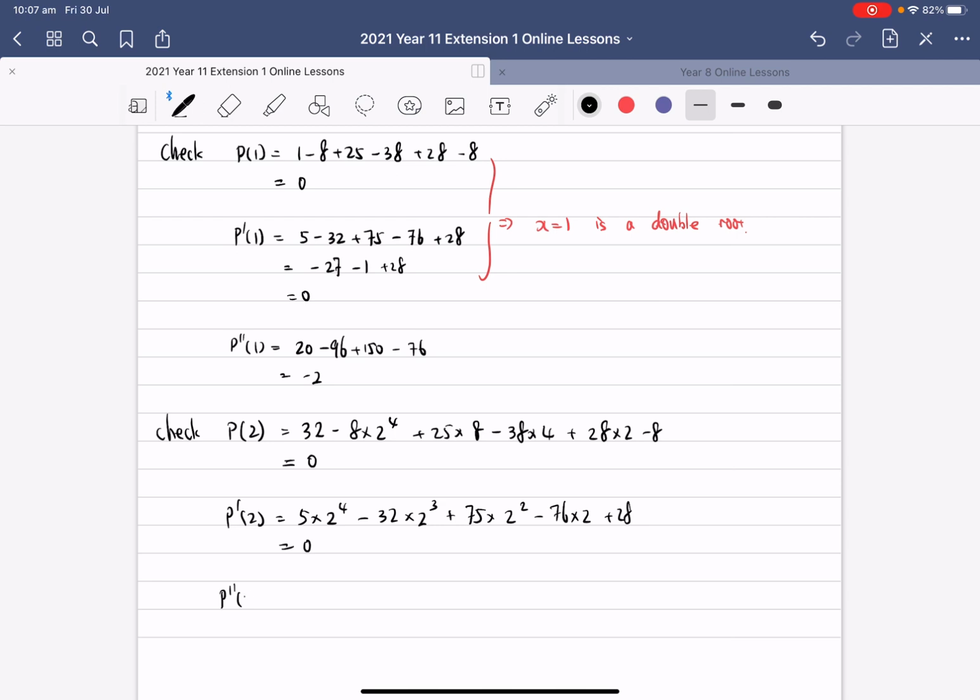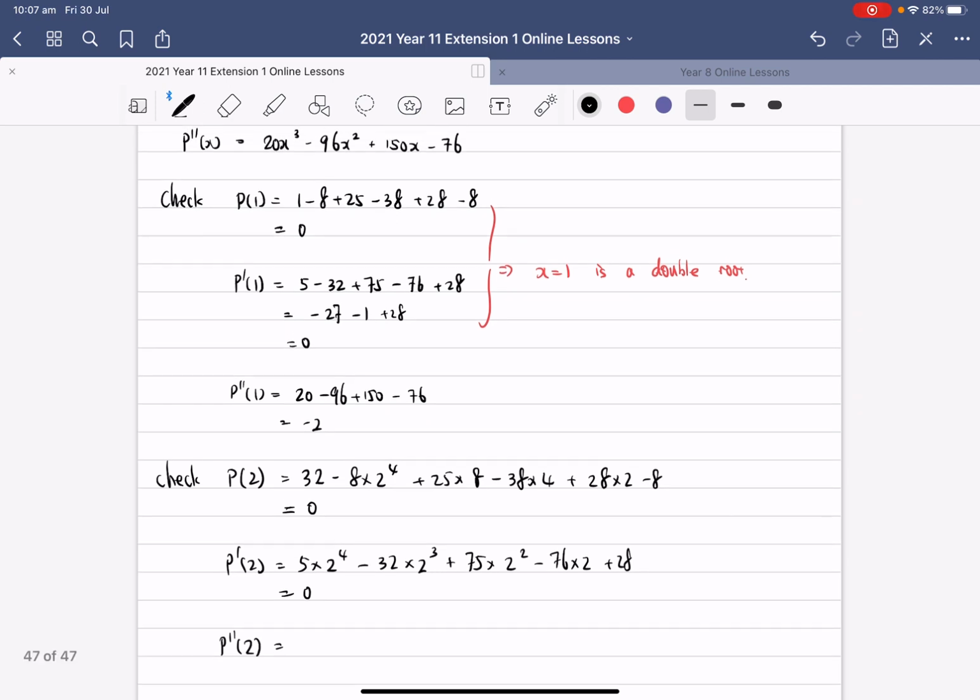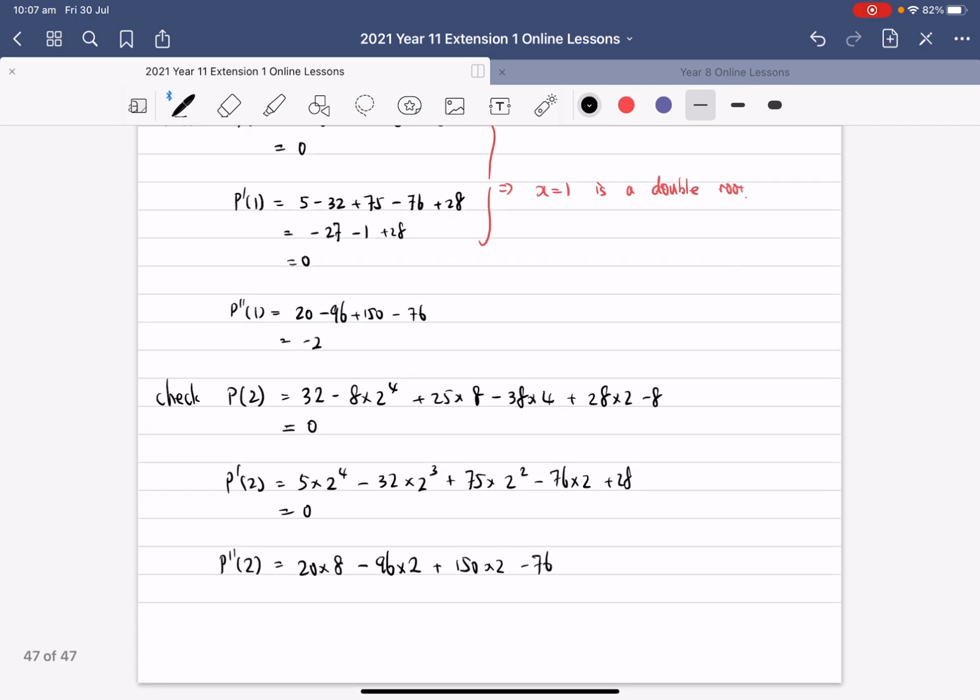Again, we just need to substitute into the third one to check if it's a triple root. So that is 160 minus 384 plus 300 minus 76. According to the answer, yes, it is equal to 0. So from here, you can make a conclusion that x equals 2 is a triple root.